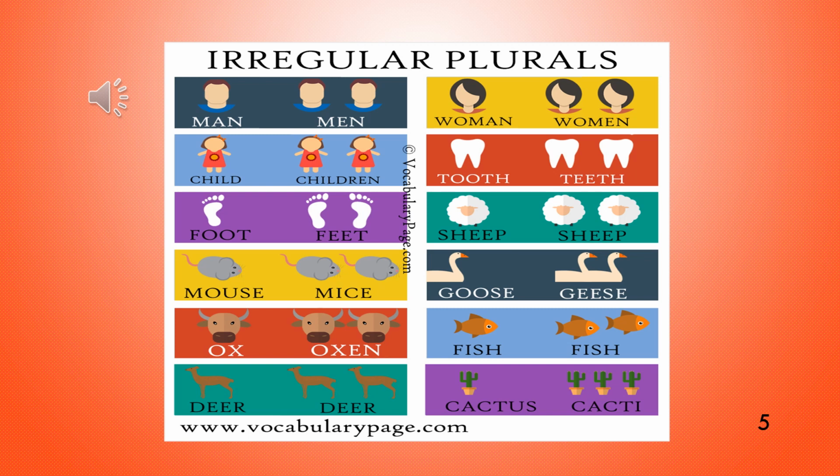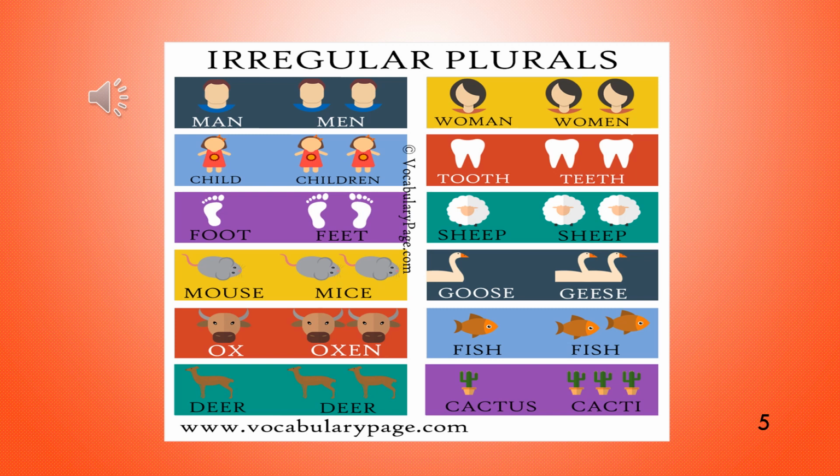Here we have a list of singular and plural nouns. Look at the picture. For man, you have only one picture, and for men, you have two pictures. So the first picture is singular, and the second is plural.